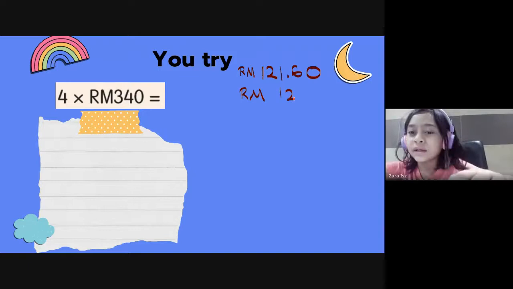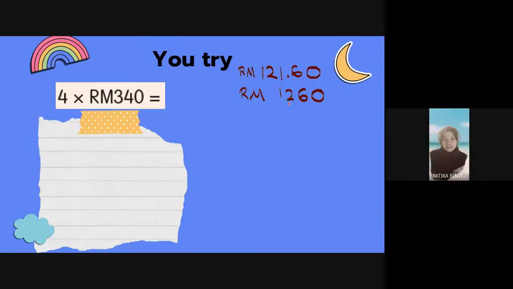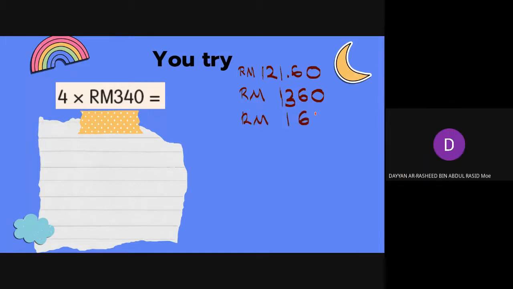1,660 ringgit. 1,260 ringgit, is it, Zara? 1,360 ringgit. 2 or 3, Zara? 3. Okay, 1,360 ringgit. Any more? 1,660 ringgit. 1,600 and 60.